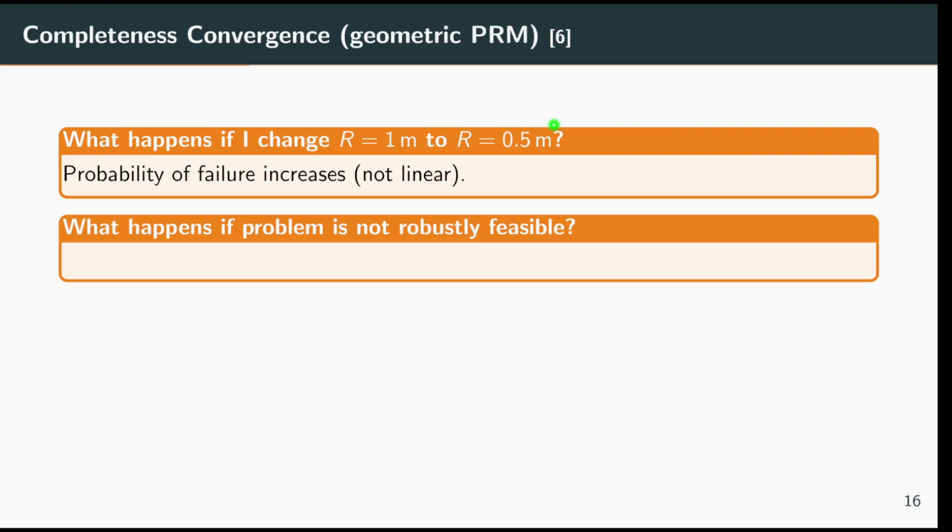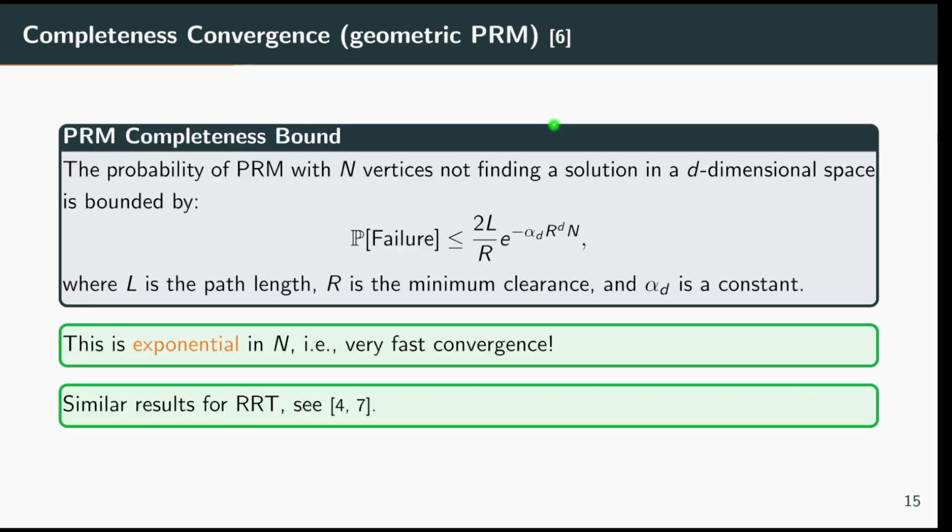Okay, and then also that same question we had before: let's assume now we have a problem that's not robustly feasible. We had this example at the very beginning, just two obstacles touching each other exactly at one point. What happens then? And I mean with the equation.